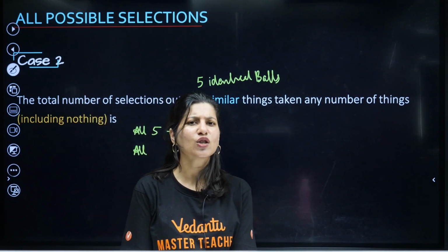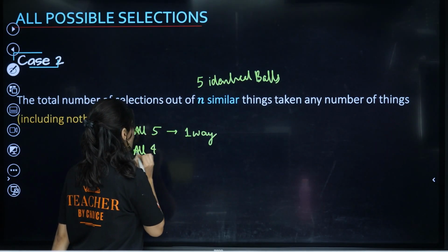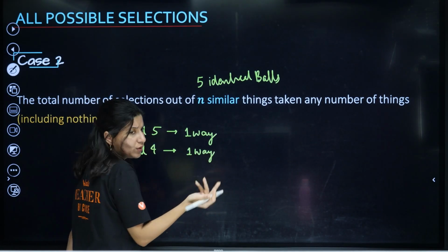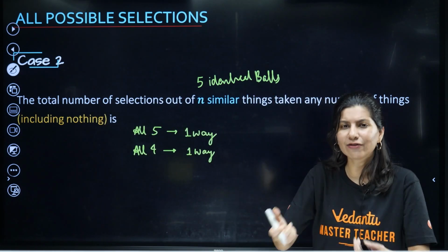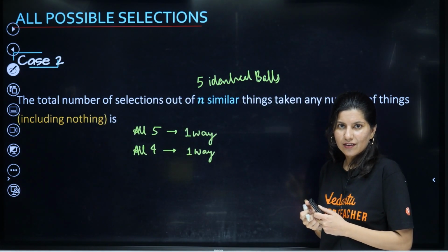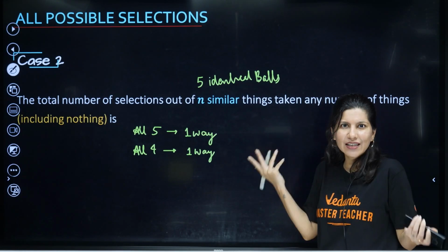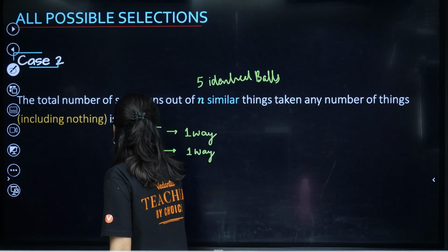So if I am taking 4 balls, how many ways? Again, one way, because I don't have anything to choose. 5 identical things, taking 4 out of it, in how many ways can I take? One way. Take any 4. Everything is same. Take all 5, any 4, right?